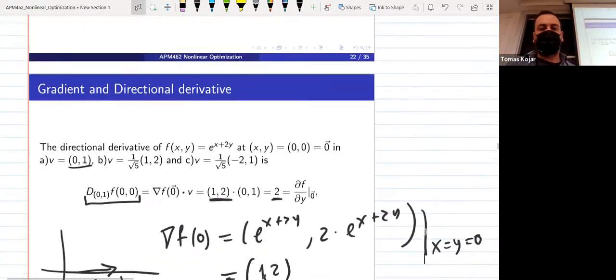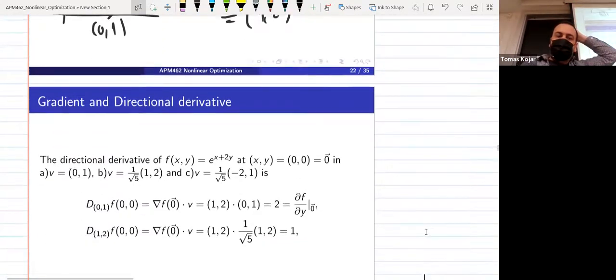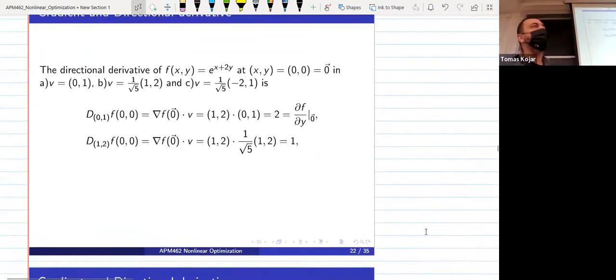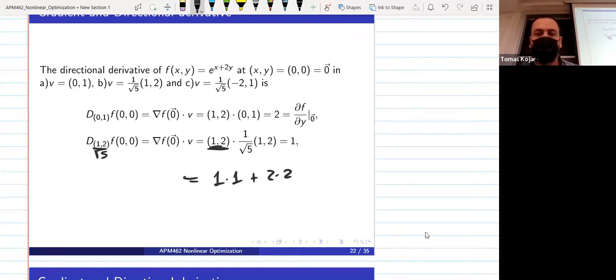All right, so that's the first one. Let's do the second one. Now I want to find the directional derivative along (1, 2). I already found the gradient of f, so I dot with the normalized (1, 2). Let me do the computation: 1 times 1, 2 times 2.